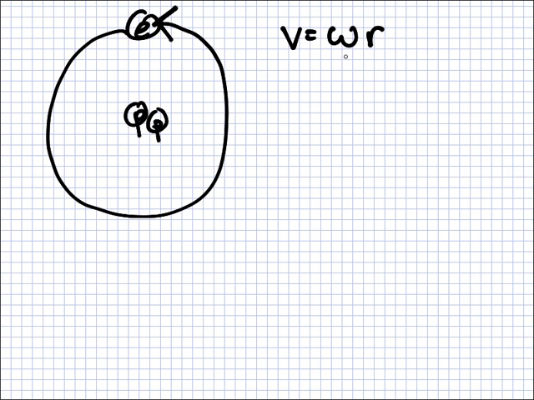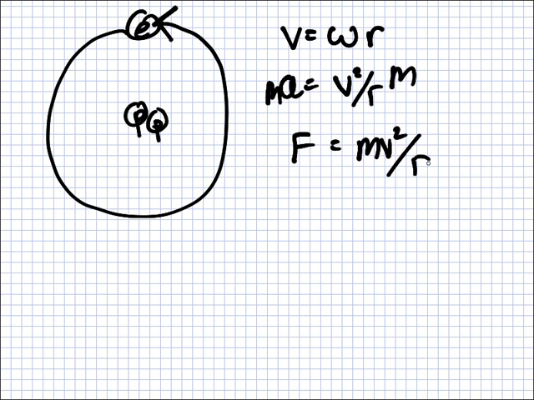But the problem is you don't know the omega. There is another formula you could use that says a equals v squared over r. Now, that one actually is a little bit more helpful, because what you can do is you can multiply by m, and then you get F equals mv squared over r.